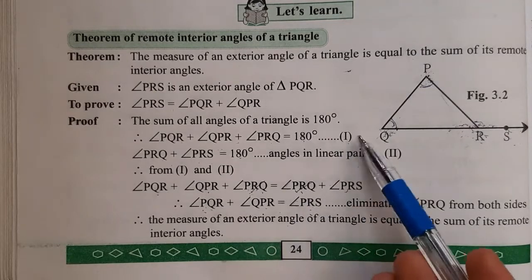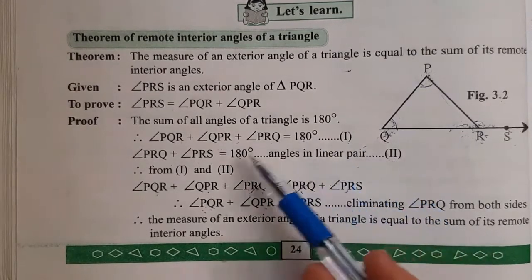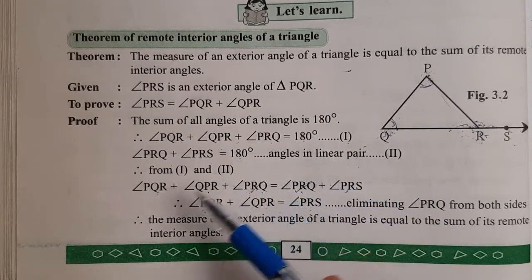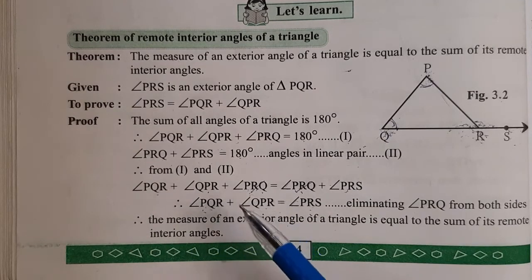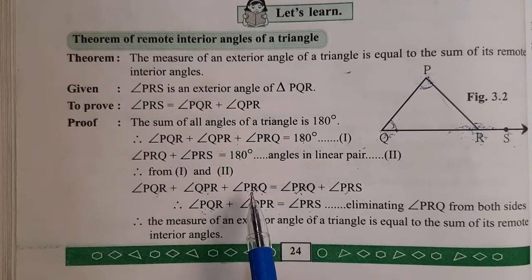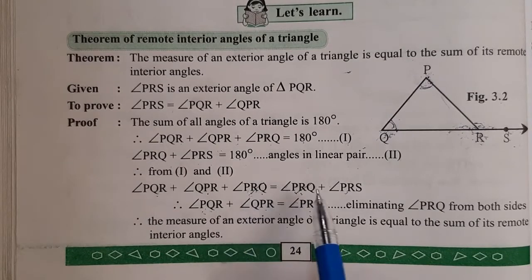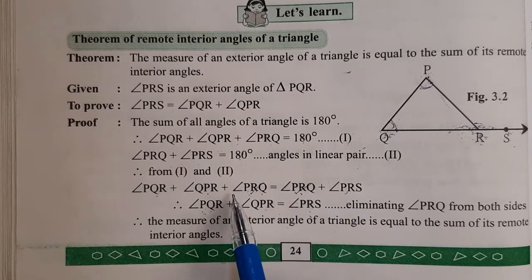Now from 1 and 2, the right hand sides are equal, so we equate the left hand sides. So angle PQR plus angle QPR plus angle PRQ equals angle PRQ plus angle PRS. In both sides angle PRQ is common, so we cancel it. Then what is remaining?